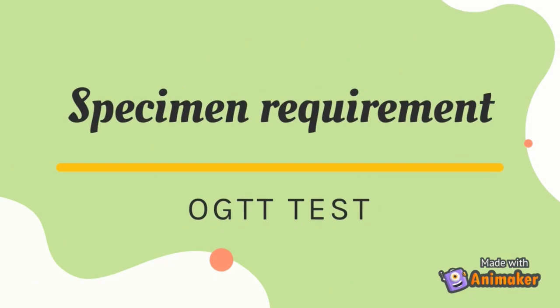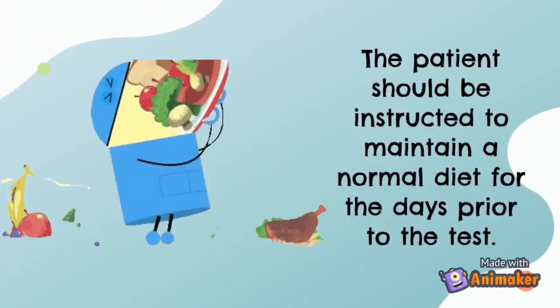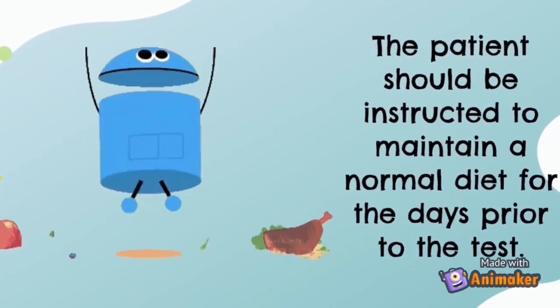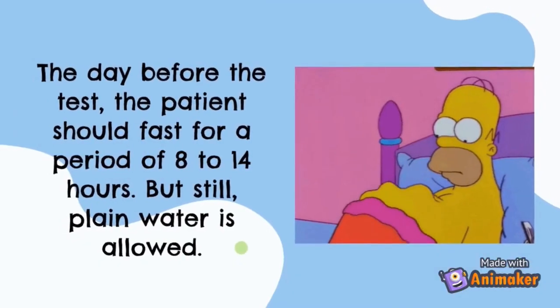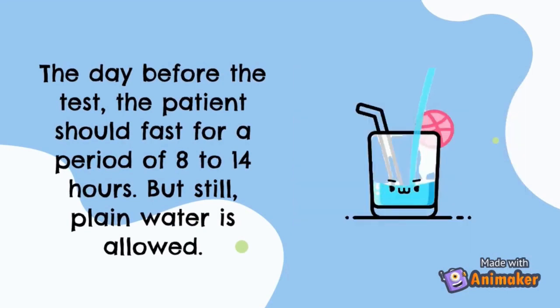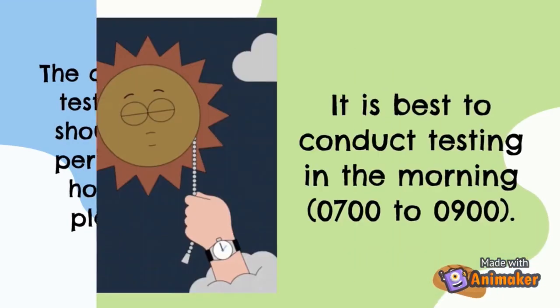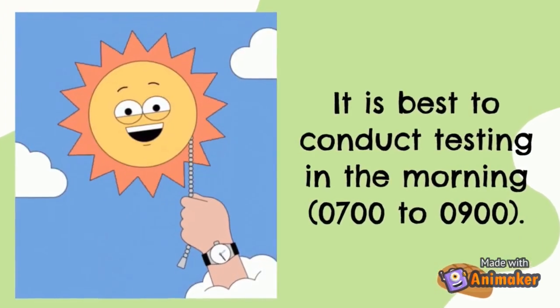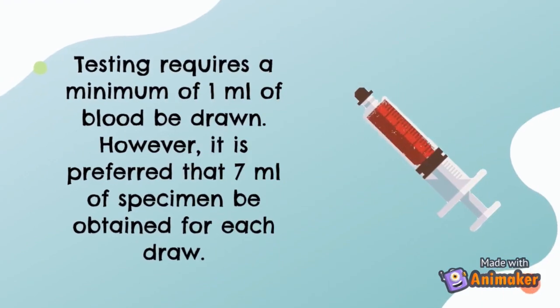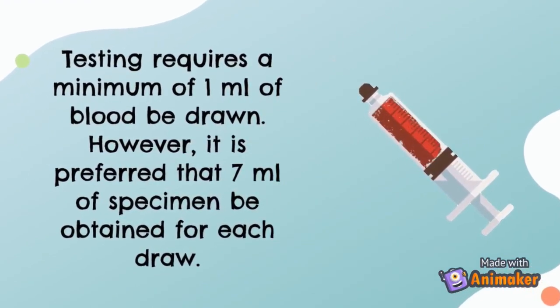Then, for specimen requirement or preparation. Firstly, the patient should be instructed to maintain a normal diet for the days prior to the test. Next, the day before the test, the patient should fast for a period of 8 to 14 hours, but plain water is still allowed. Furthermore, it is best to conduct testing in the morning between 7 to 9 am. Moreover, testing requires a minimum of 1 ml of blood to be drawn.